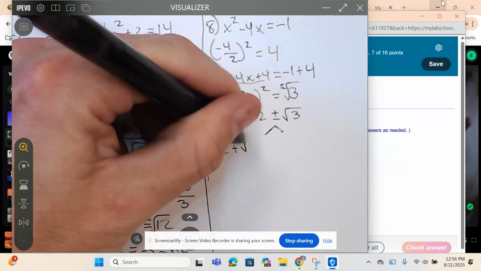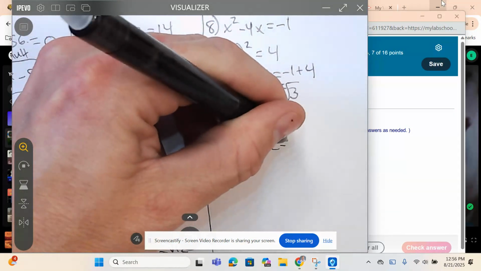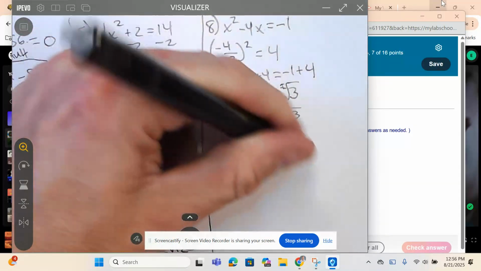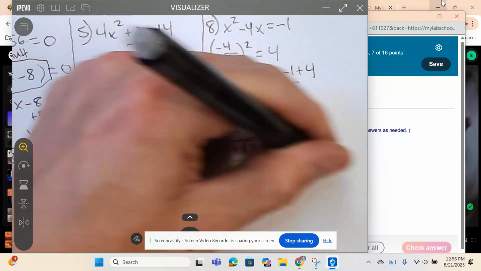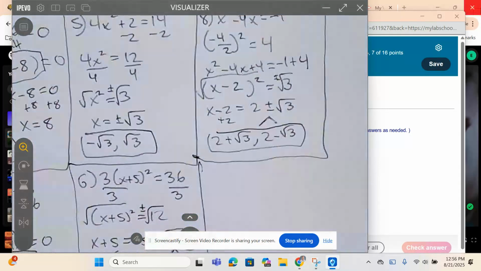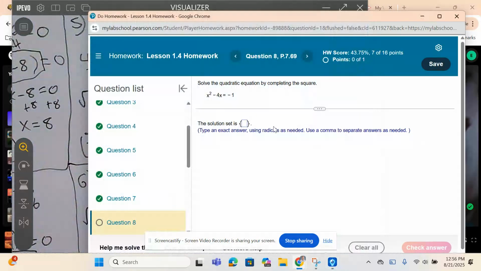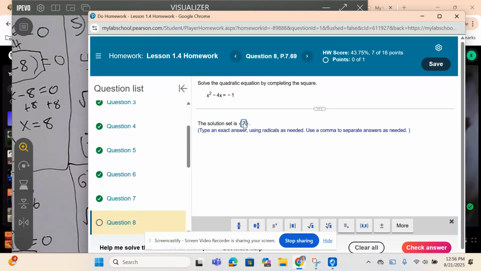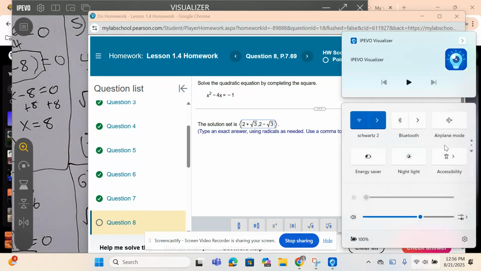This will be 2 plus the square root of 3, then 2 minus the square root of 3. Let's just go enter that in.